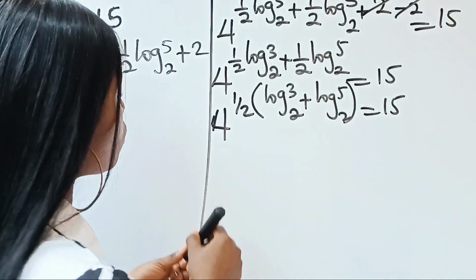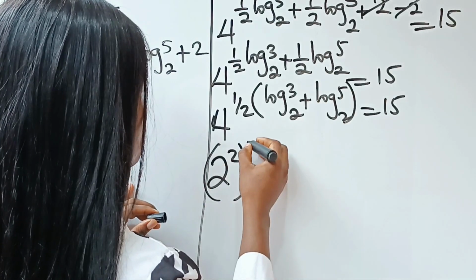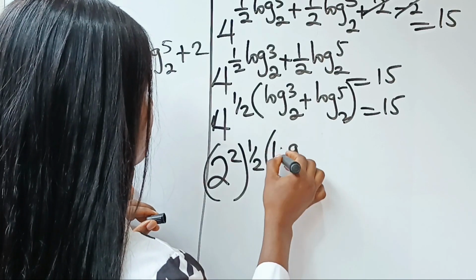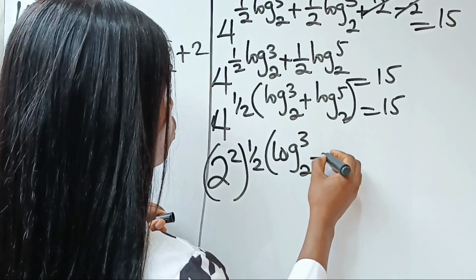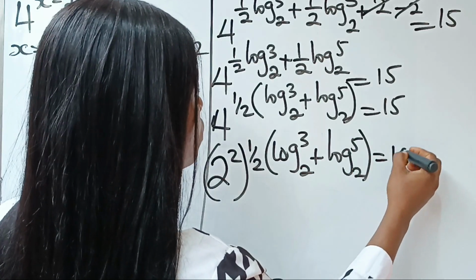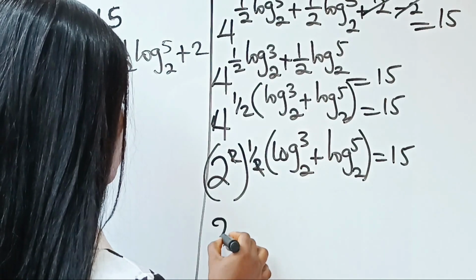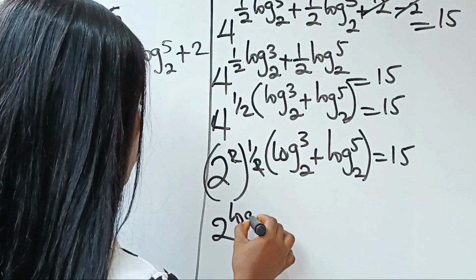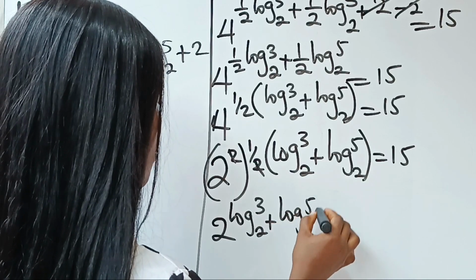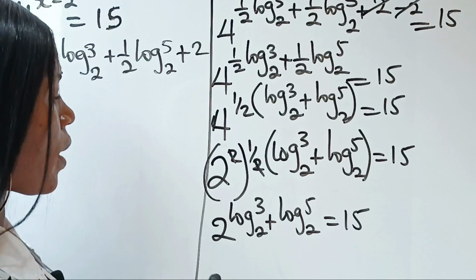So we have 2 to the power of 2, raised to the power of half bracket log 3 base 2 plus log 5 base 2 is equal to 15. Now this will divide this, so we have 2 to the power of log 3 base 2 plus log 5 base 2 is equal to 15. So this is what we have now.